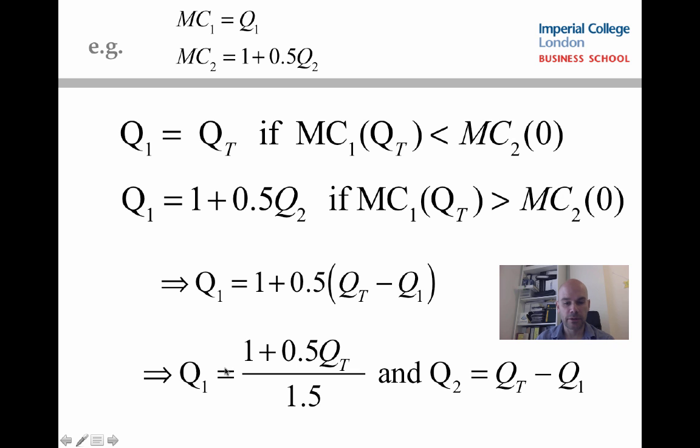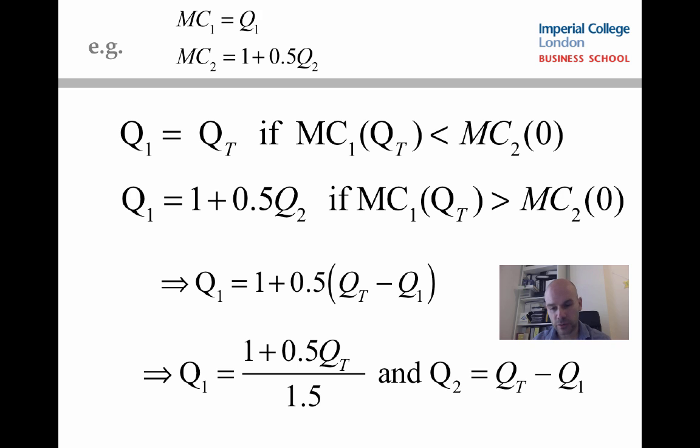So that's what we're doing here. We solve for Q1, which is this expression 1 plus 0.5 times Qt divided by 1.5. And then, of course, we can immediately also calculate Q2 as Qt minus Q1.